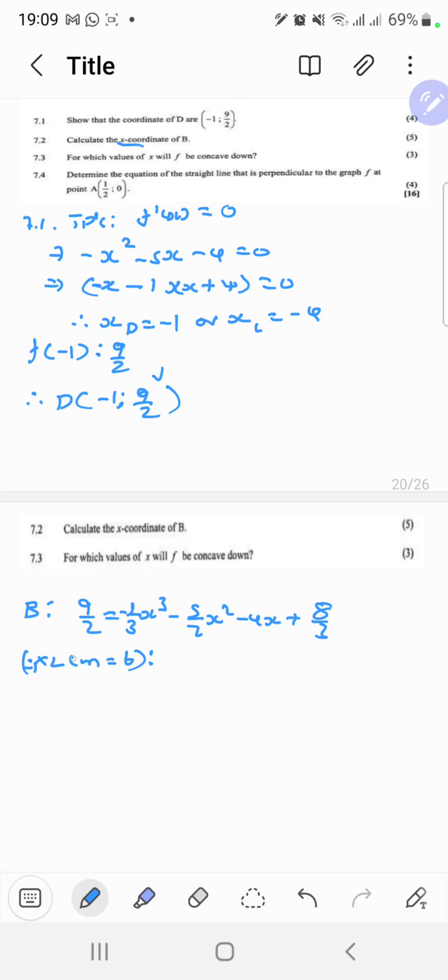So when you multiply by 6, there 6 divided by 2 is 3. 3 times 9 is 27 equals. Here we multiply by 3, we get a 2. So we get a minus 2x cubed. And then when we multiply by 6, there we get a minus 3 by 5 is minus 15x squared. And then of course 6 by 4 is minus 24x.